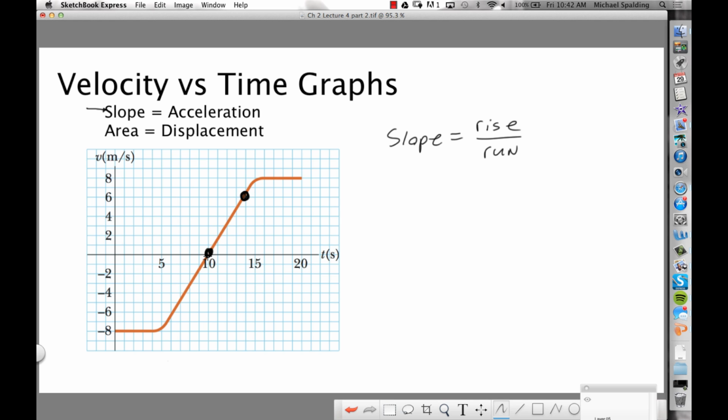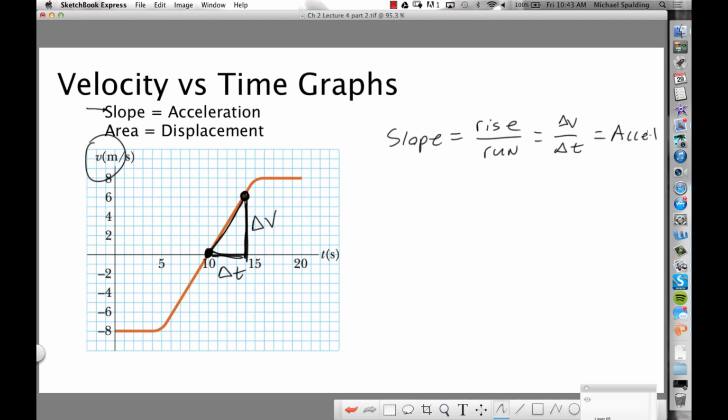So if we took the slope of this line, what would the rise be? So over here on the y-axis, we have velocity. This rise is the change of velocity. What's the run? The change of time. So we get change of velocity over change of time. What's that? Acceleration. That's acceleration.